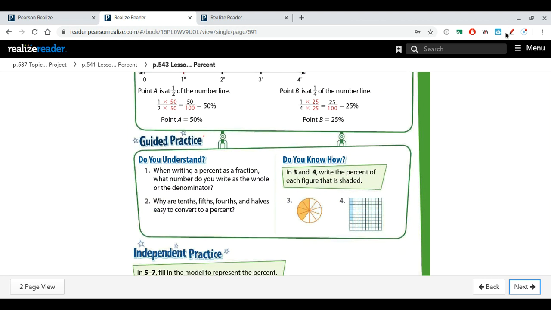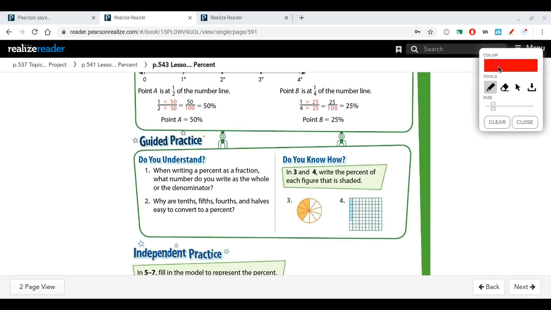When writing percent as a fraction, what number do you write as the whole or the denominator? Again, we always, always, always write it as 100 and then simplify it if we can. But for today's purposes, you're going to write it out of 100. Why are tenths, fifths, fourths, halves easy to convert to a percent?